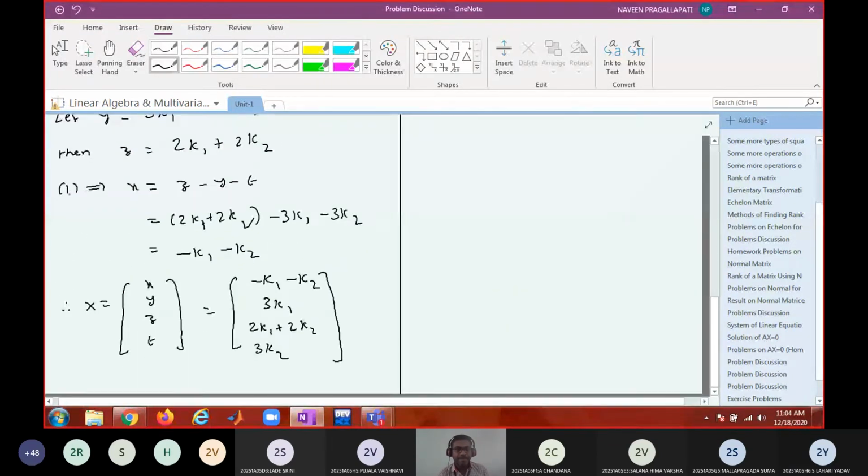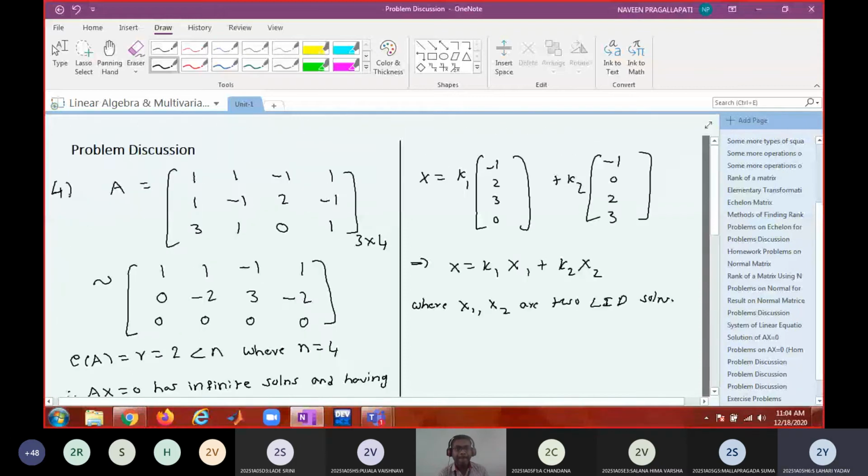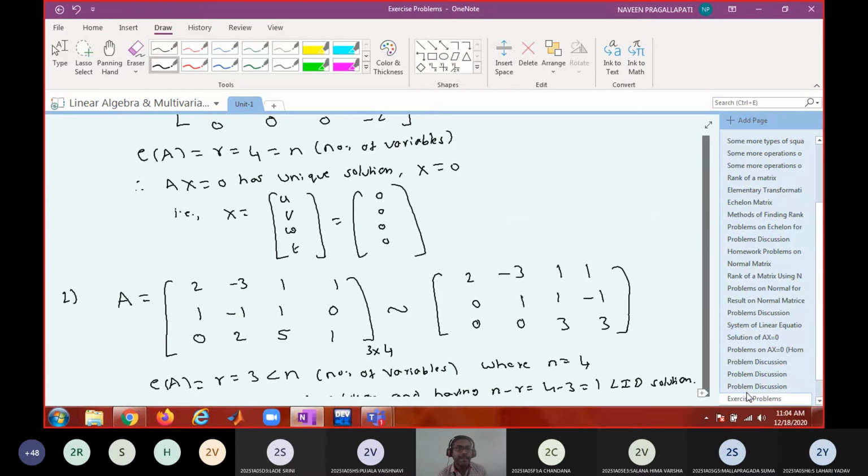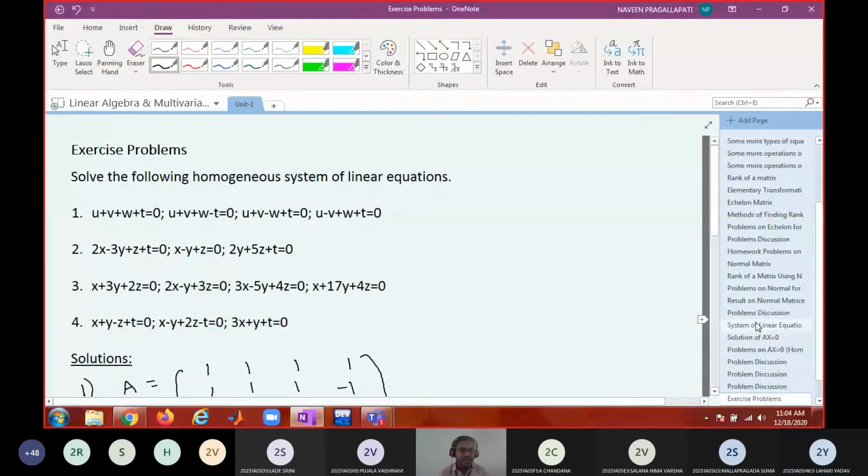Sir, now we got two solution sets, no, sir? If we substitute them in our equations, will we get 0? They have to be 0. Otherwise, your answer is not correct. Sir, once you check, 1 minus 2, 3, 0.